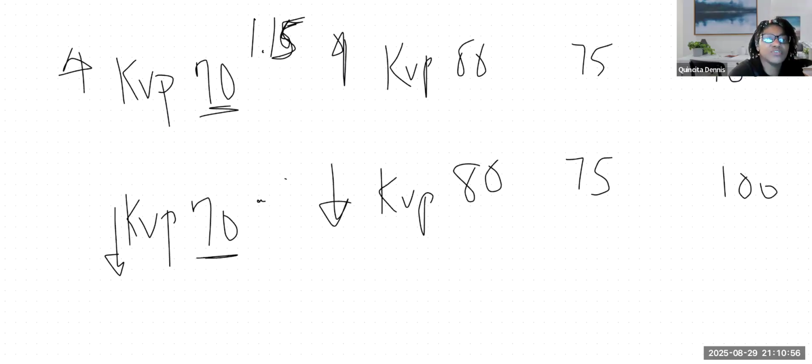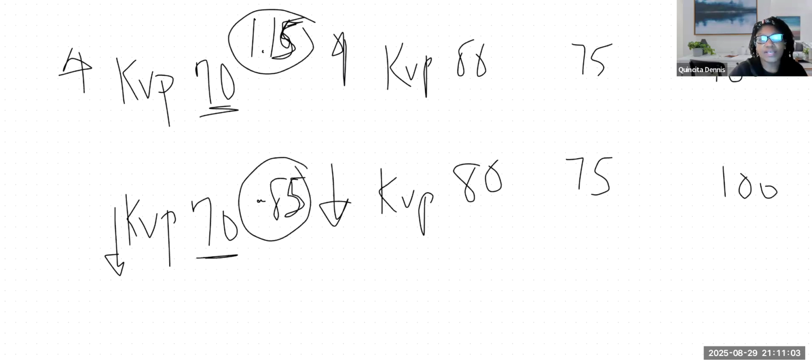So this is saying like 115%, and this is, of course, minus 15%. So either way, I could say 70 times 0.15 and figure out what that number is, which is 10.5. And I can choose to either add it if I need to see an increase, or subtract it if I need to see a decrease.